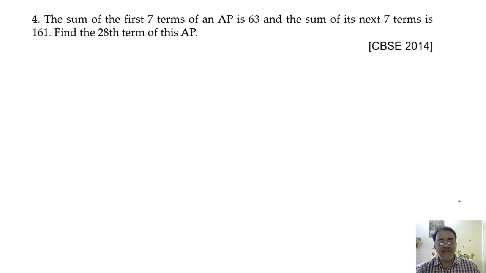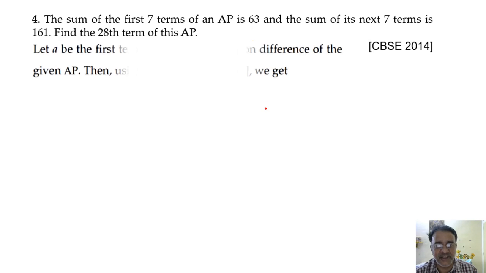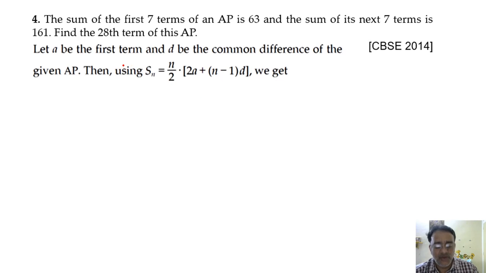The sum of first 7 terms of an AP is 63, and the sum of its next 7 terms is 161. Find the 20th term of this AP. This is a 2014 board question. First of all, what is given? S7 is equal to 63. Let A be the first term and D be the common difference, and this is the formula of Sn.